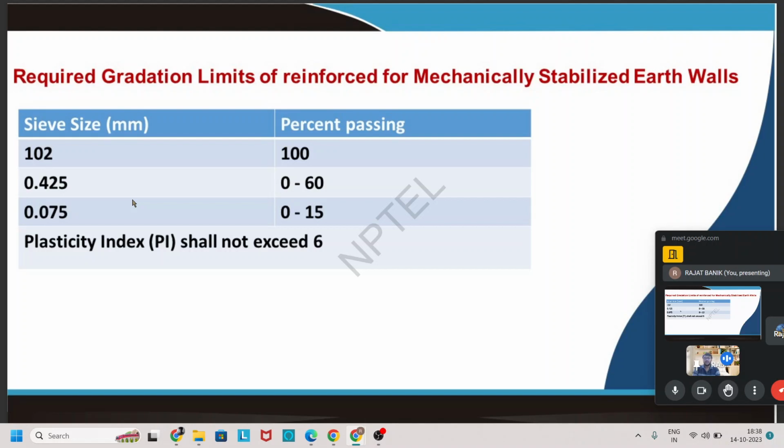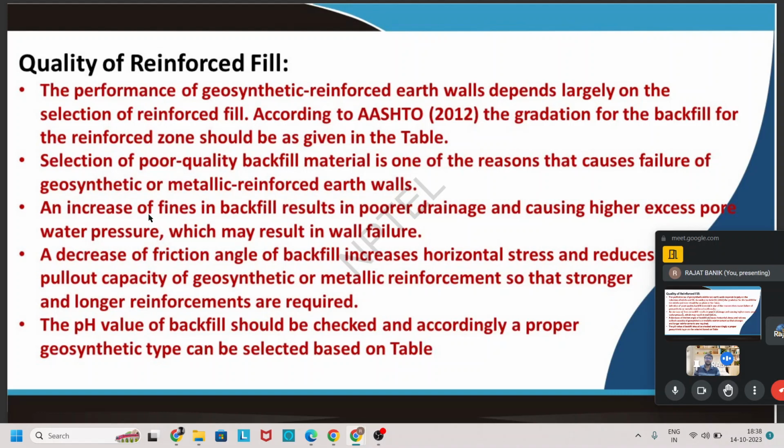When the sieve size is 0.075 mm, the percentage passing should be 15%. And for plasticity index, it should not exceed 6. These are the gradation requirements we need to check while using the material as a reinforced fill.